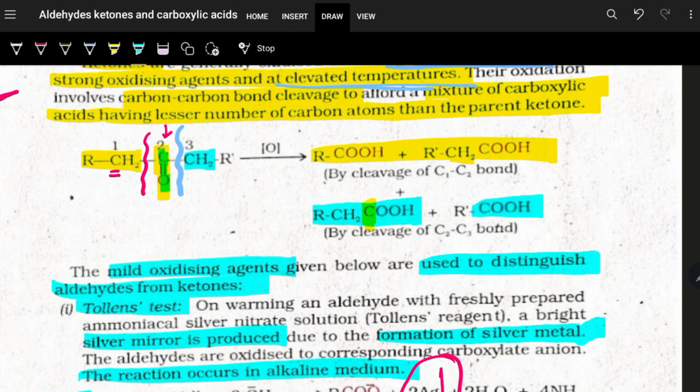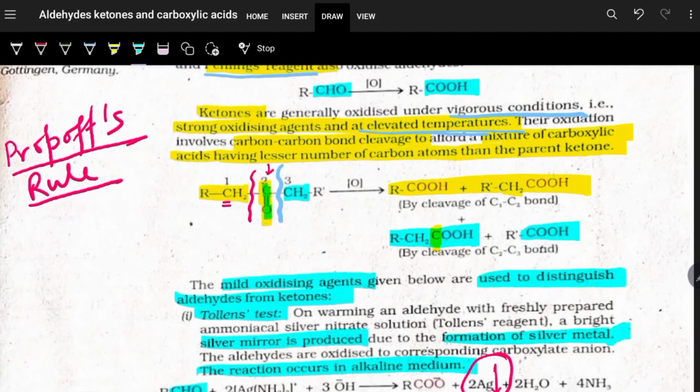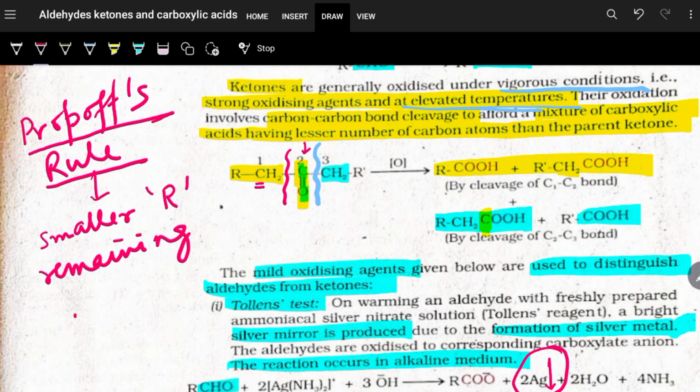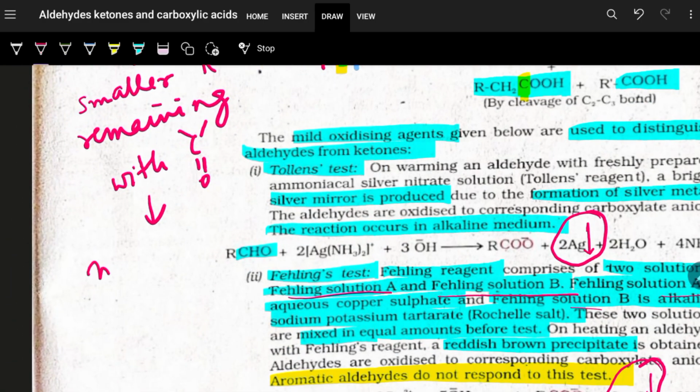Now, always remember, Popoff's rule says what? The smaller alkyl group, smaller R, remaining with C double bonded O will give you the major product.